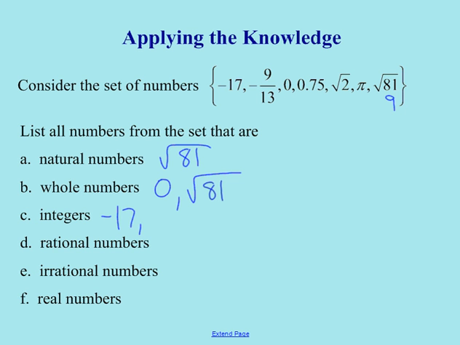Negative 9/13, not an integer. 0 is an integer. 0.75, not an integer. Square root of 2, not an integer. Pi, not an integer. Square root of 81, which is 9, definitely an integer.